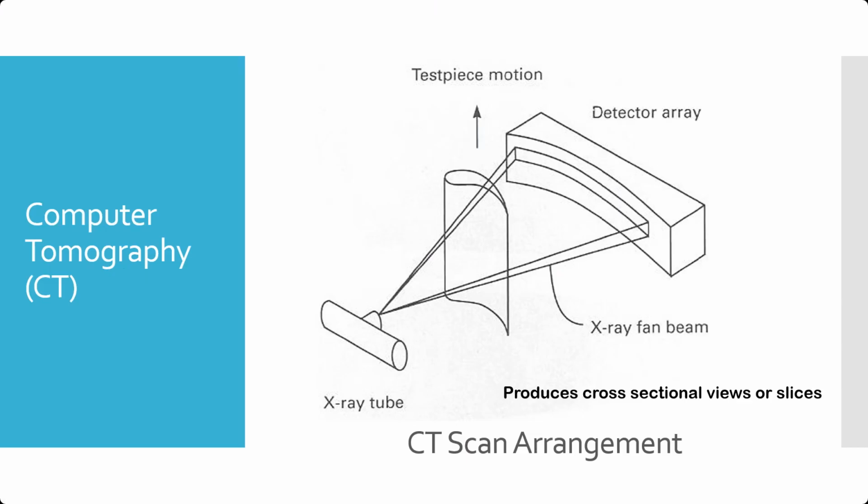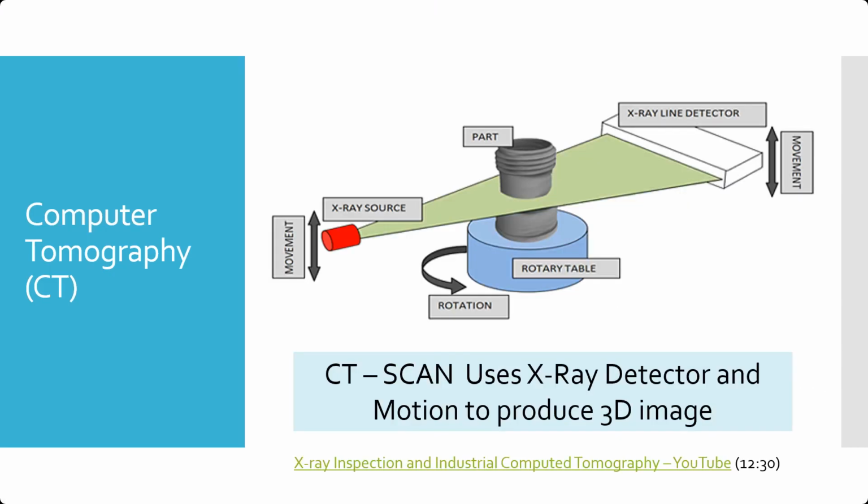You're the part, and you're going to be moved up and down. In the case of a medical CT, rather than rotating the person, which would be rather uncomfortable and hard to stay still, we rotate the entire detector and X-ray source. So it's got that big ring that you go inside of, right? CTs and MRIs look very similar, but on the inside they're very different. MRIs are big magnets. We're not talking about that. We're talking about CT, so X-ray.